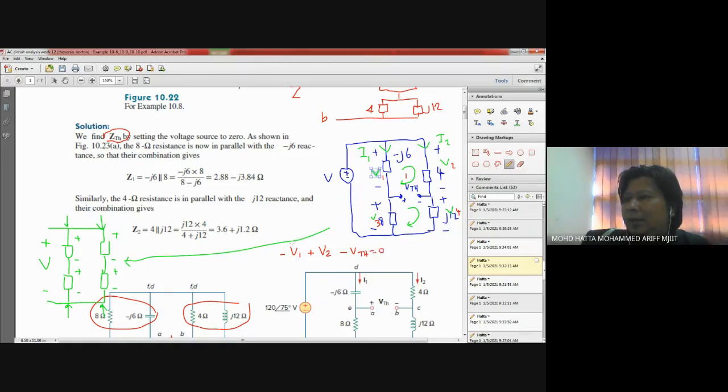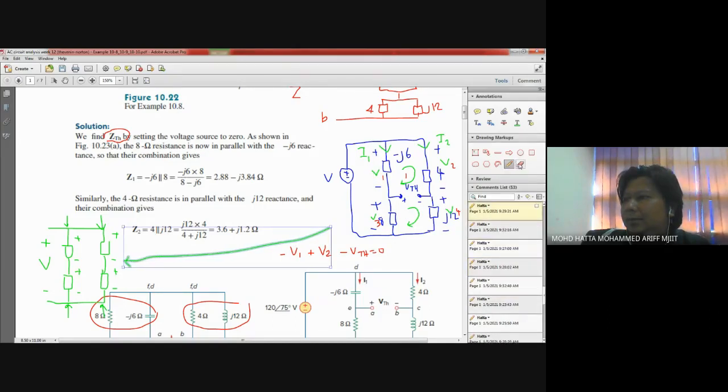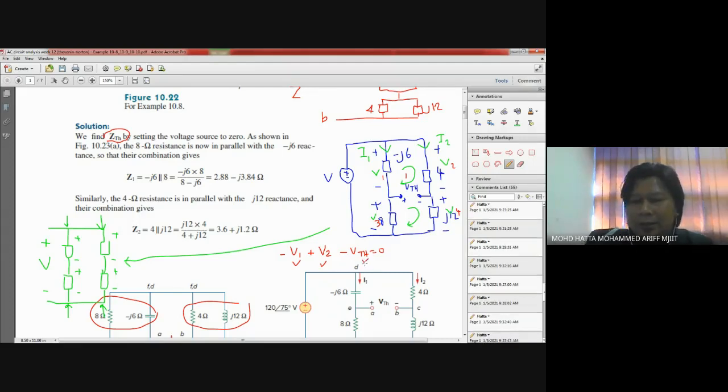And remember that you already calculated this value and this value, so just by rearranging this formula, this VTH value can easily be determined.